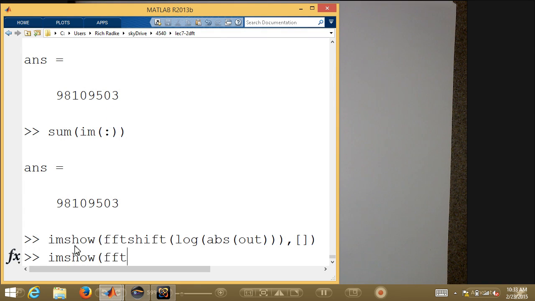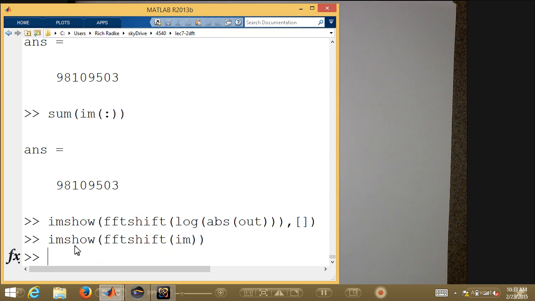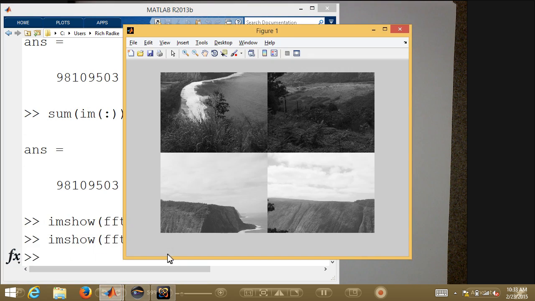And so a good way to think about that is, what if I were to take my original image and shift it to see what the middle of those tiled images would look like, right? So if I do this, here's my waterfall image. You can see that actually there's a lot of edges in the horizontal and vertical directions coming from the fact that there are discontinuities across the boundaries of the image, right?